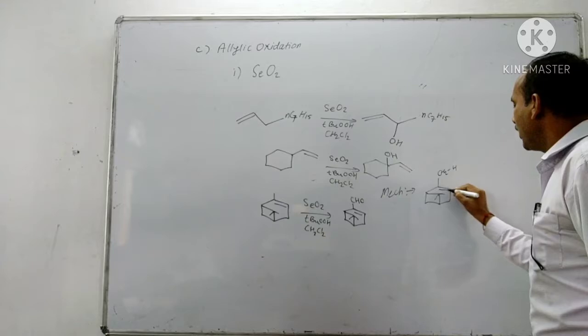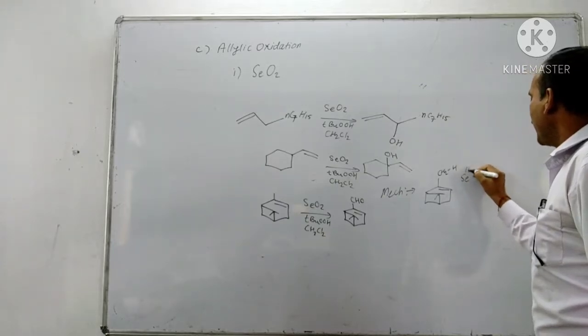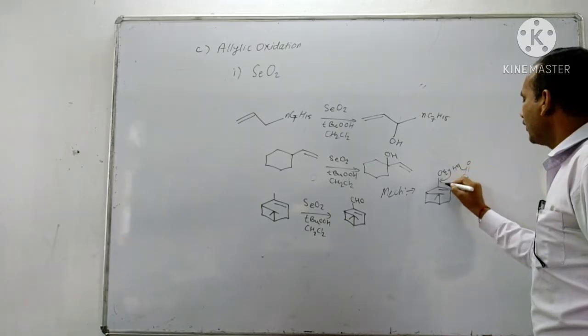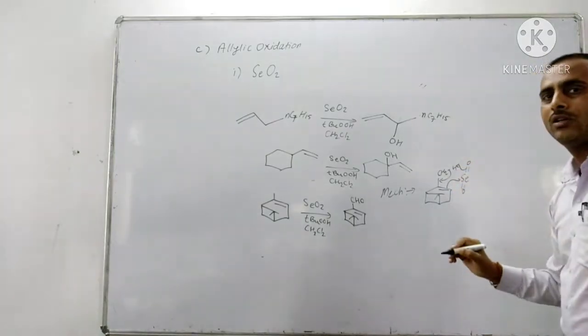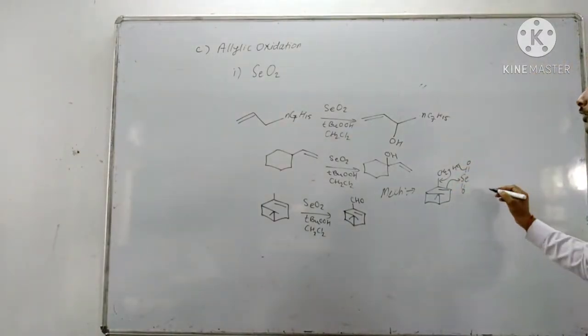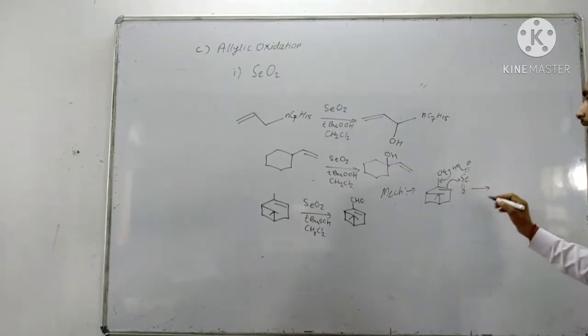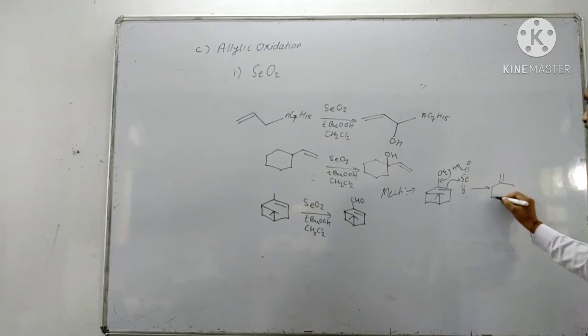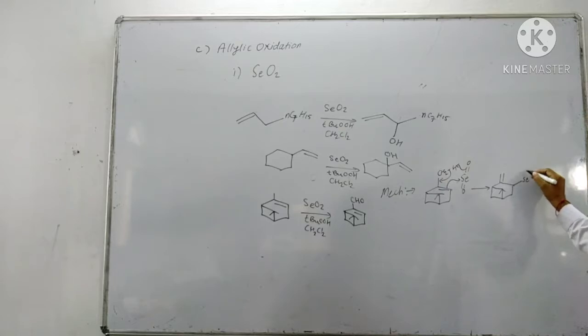CH2 double bond. Now with selenium dioxide, there is first an ene reaction and then followed by 2,3 sigmatropic rearrangement. So CH2 double bond C, selenium double bond OH.